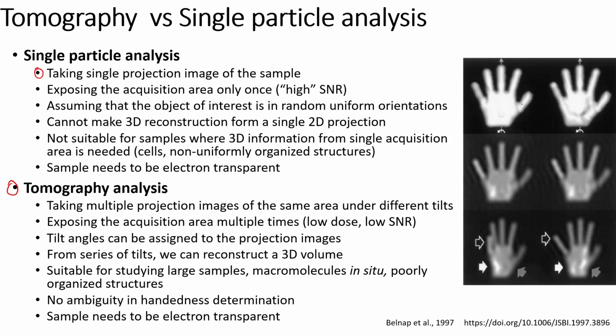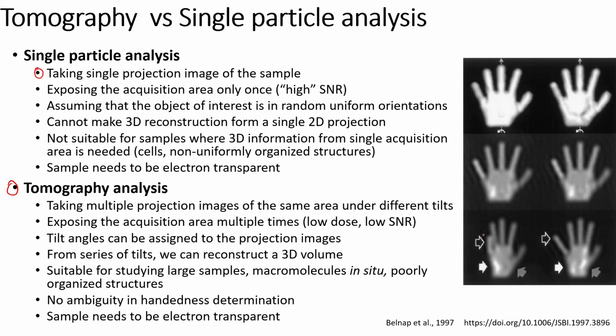And if we take a projection image of these two hands, we will get in fact an identical output, so we cannot distinguish which hand we are imaging at all, whether it's the right hand from the top or the left hand from the bottom, or vice versa.